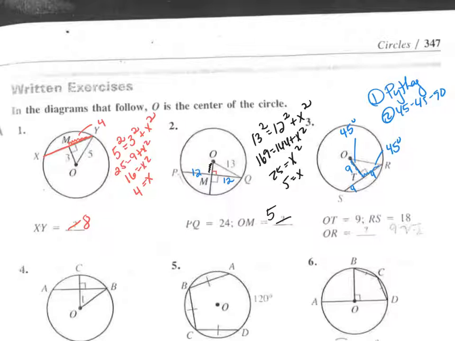If I use my 45, 45, 90, then I know that all I have to do is take a leg, which is 9, and multiply it by the square root of 2, and that should be the distance of OR. If I used Pythag, then I would say 9 squared plus 9 squared equals x squared.